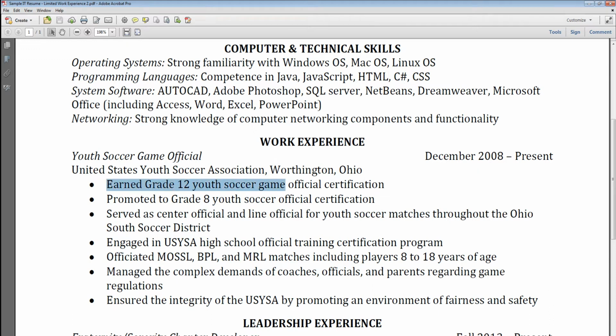Now, my recommendation for your work experience is whenever you list a work experience, you should have a minimum of 3 strong, robust bullet points with action verbs describing the experience that took place. So imagine somebody has no idea what a youth soccer game official entails or what a referee job entails.